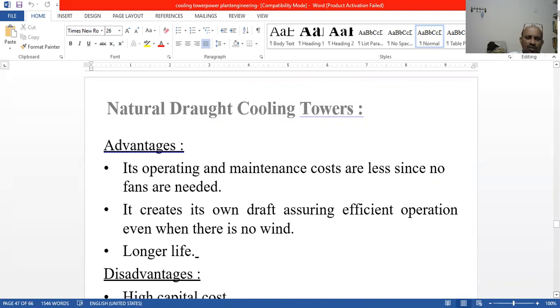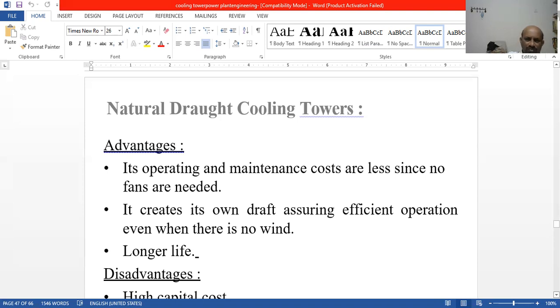Maintenance cost is less, since there are no working fans. So it has a very long life.